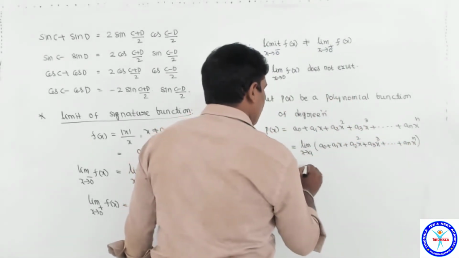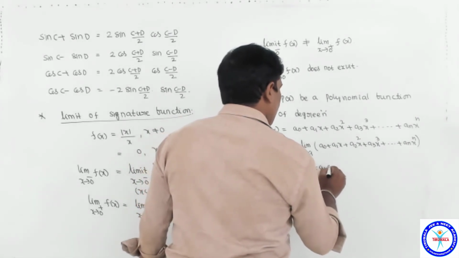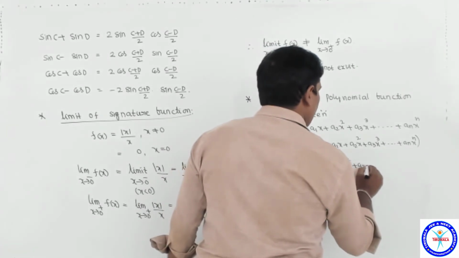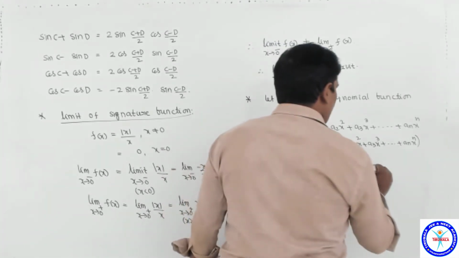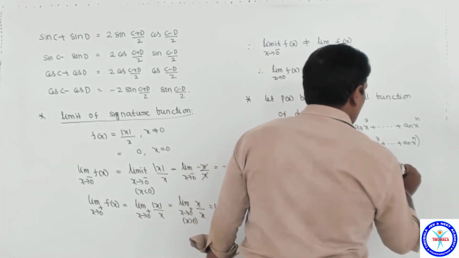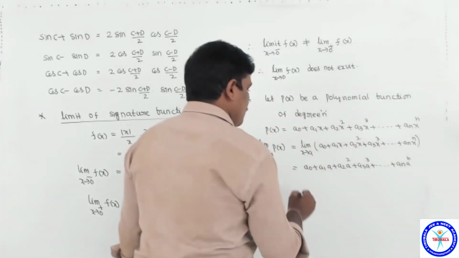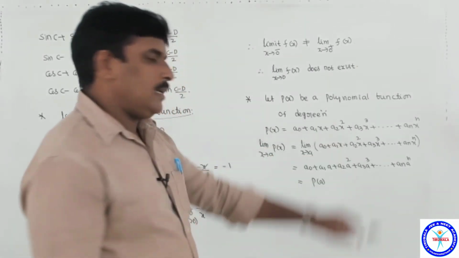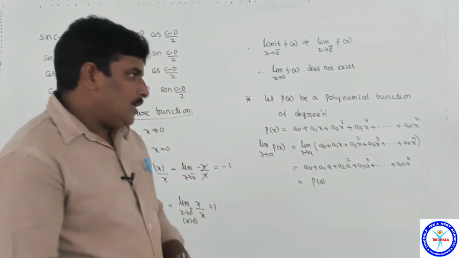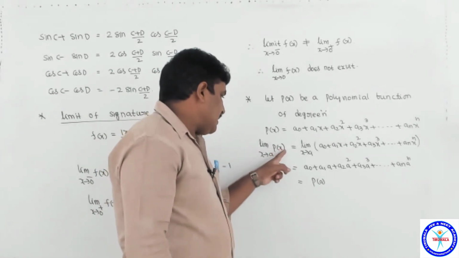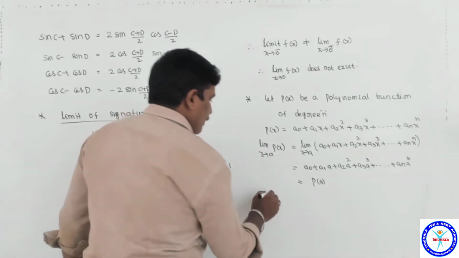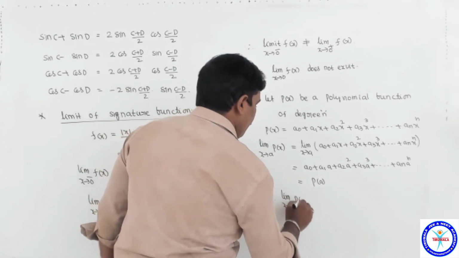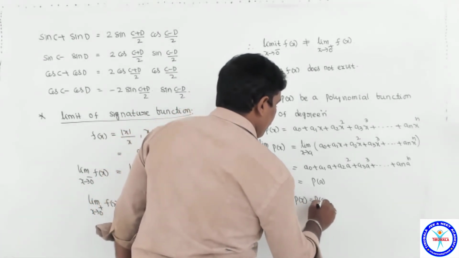This is equal to a0 plus a1a plus a2 into a square plus a3 into a cube plus ... plus an into a power n. But this is also equal to p of a. Now we can apply the direct limit: limit x tends to a means replace x with a. Therefore, limit x tends to a of p of x equals p of a.